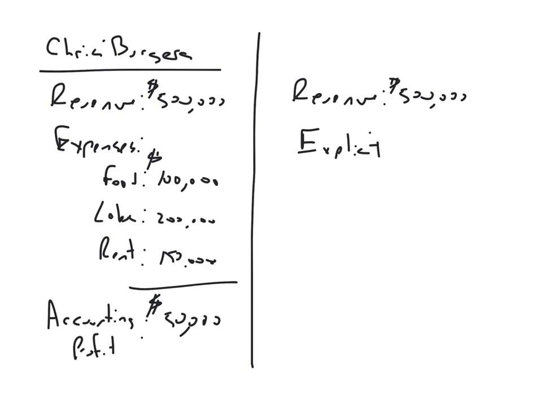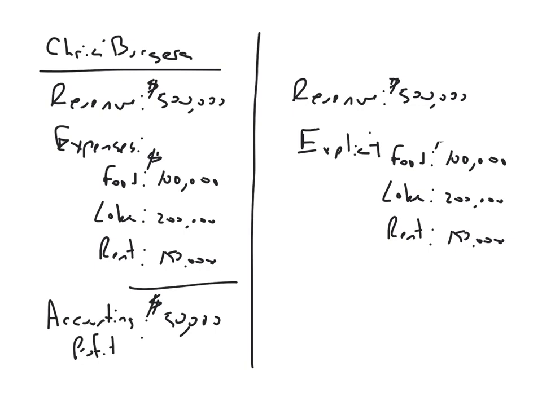And so those explicit costs are nothing more than the expenses that we described here when we calculated the accounting profit. So these same expenses, food, labor, and rent, are our explicit costs.